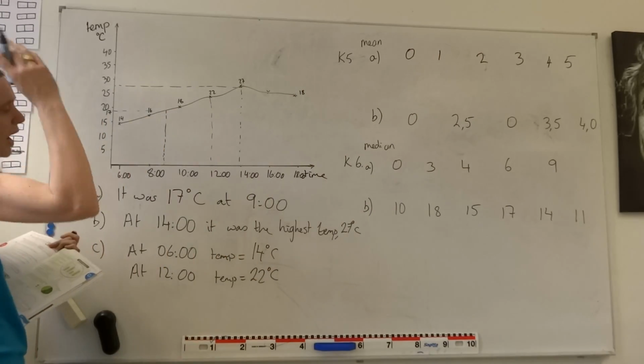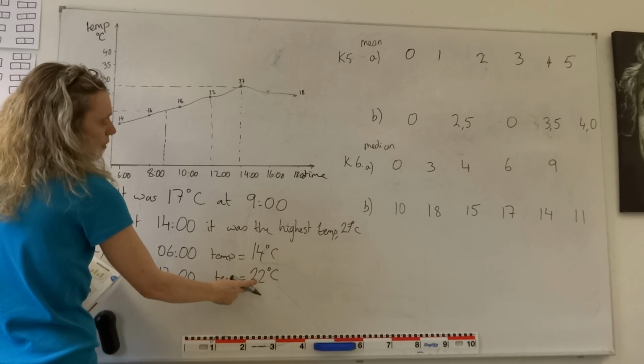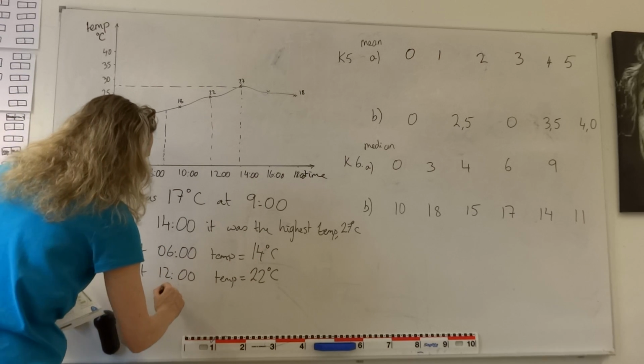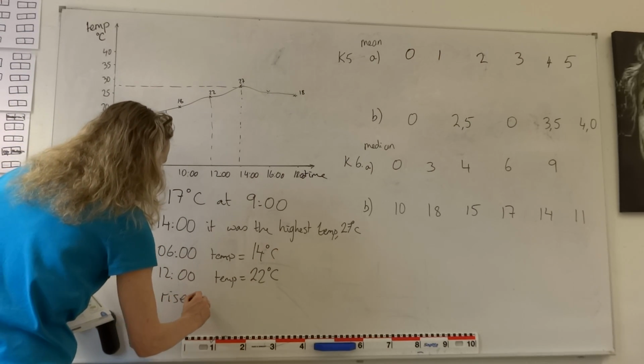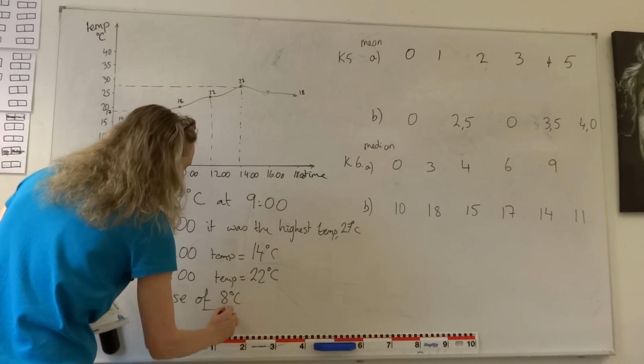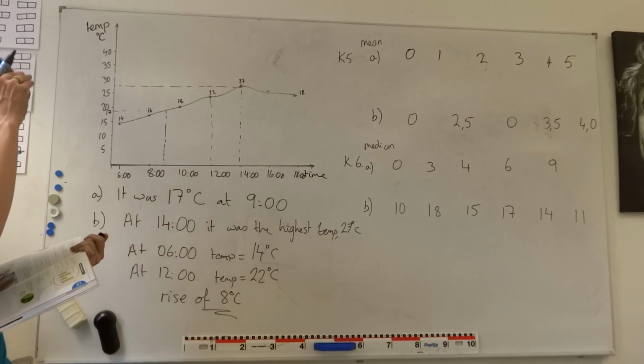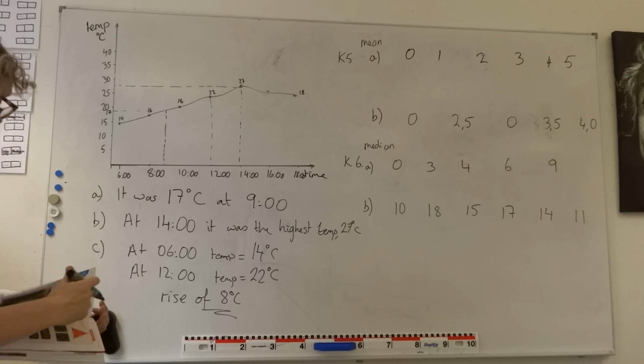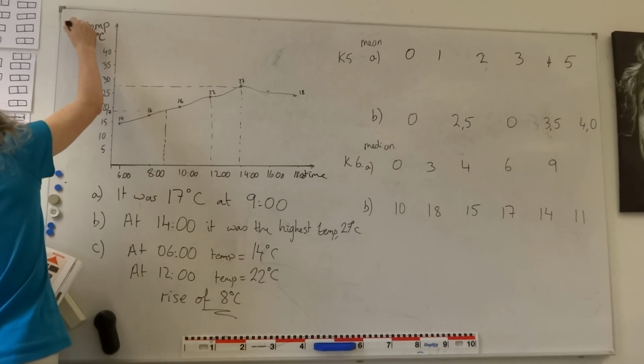So the temperature rise would be 22 minus 14, which would be a rise of 8 degrees centigrade. Temperature increase of 8 degrees centigrade. And that was question K4.